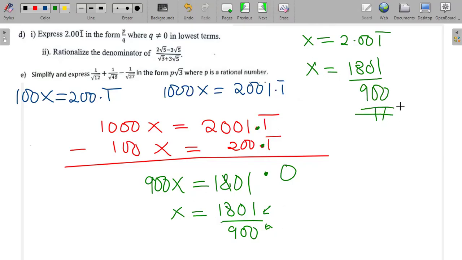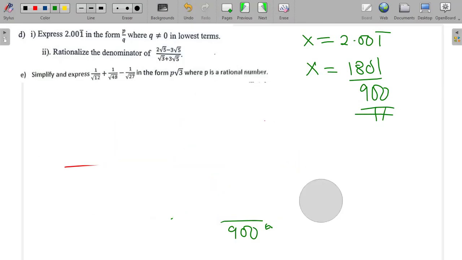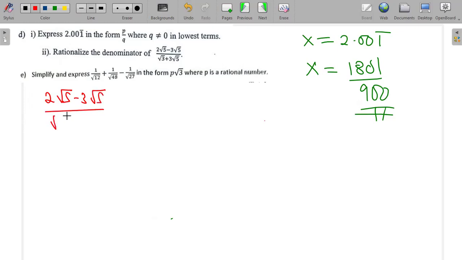And we're done. I go to 2, where we're rationalizing the denominator. So we're rationalizing 2 root 5 minus 3 root 5 over 3 root 3 plus 3 root 5. To rationalize the denominator is to remove these square roots from the denominator. How are we going to remove them? We're going to multiply by a special one.